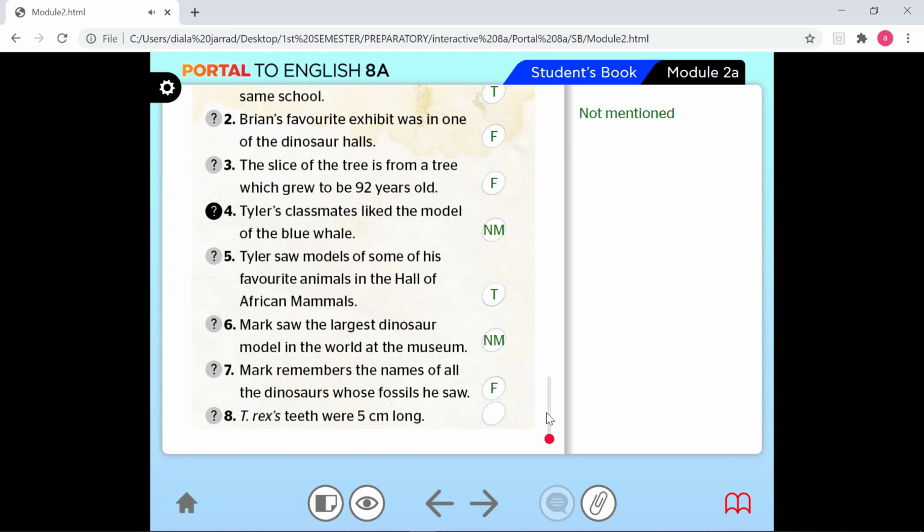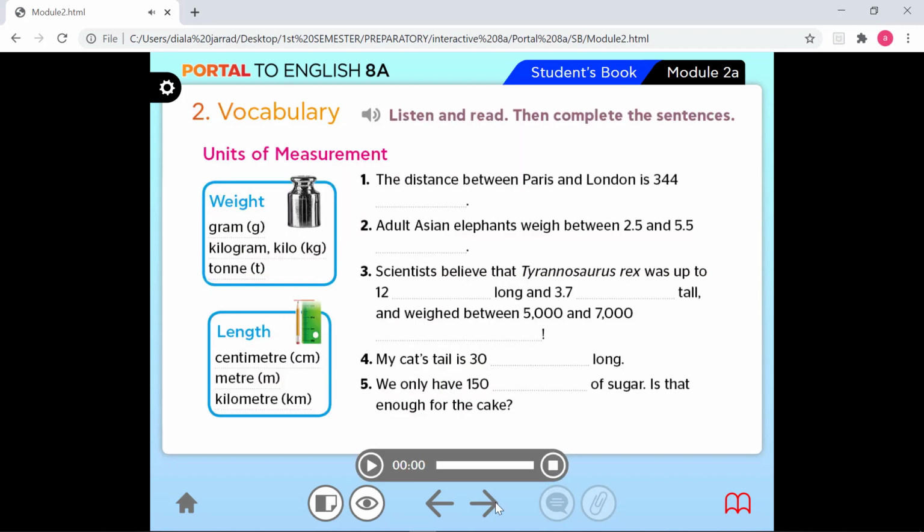No, false. T-Rex teeth were 5 centimeters long. This is false. That's all about the text. Now let's go to the vocabulary and try to answer the questions that are mentioned here in exercise 2, vocabulary. 2. Vocabulary. Listen and read. Then complete the sentences. Units of measurement.